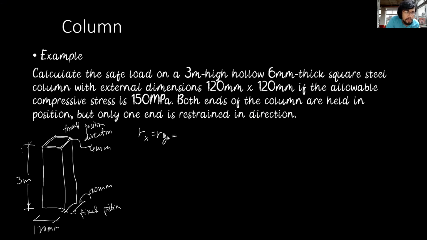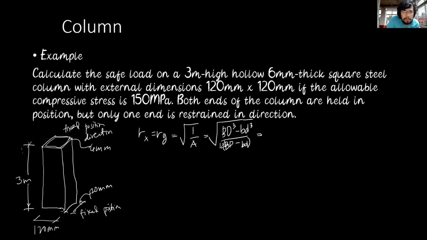It's a square, and we have it as the square root of I over A, and it's simply the square root of (BD cube minus bd cube) all over 12 times (BD minus bd).